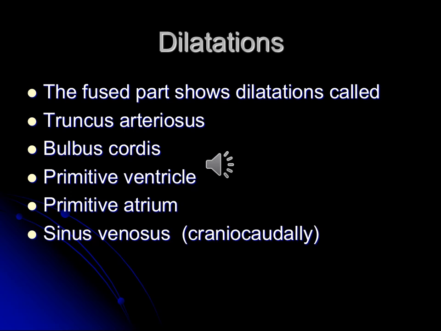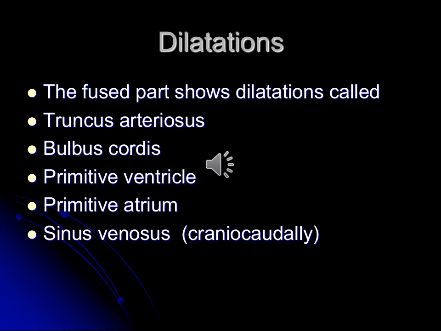Truncus arteriosus, you can write that the future aorta and pulmonary trunk are derived from the truncus arteriosus. Bulbus cordis, I am just making it simple for you, gives rise to the beginnings of the great arteries, which are called infundibulum on the right side and vestibule on the left side.